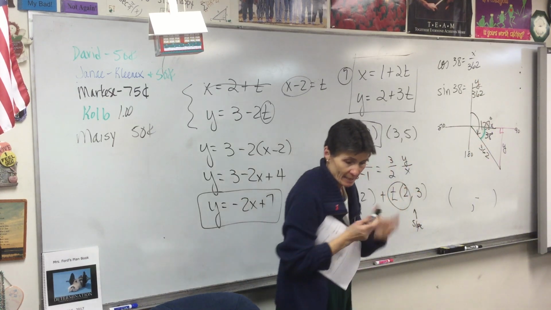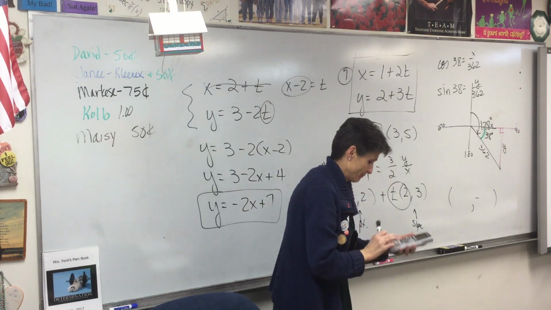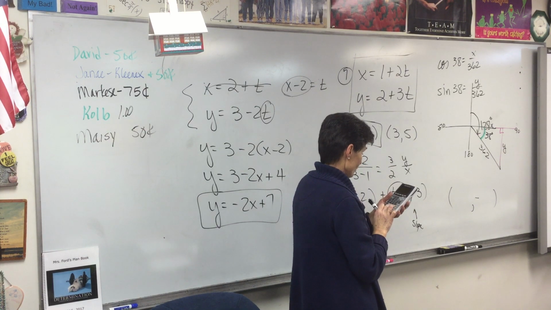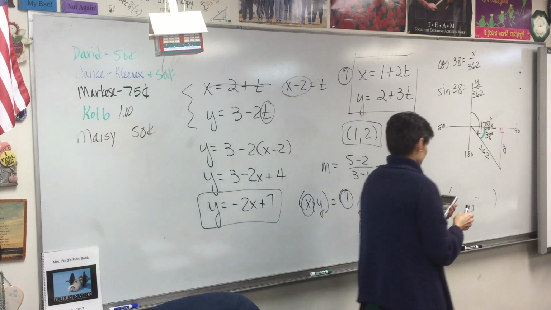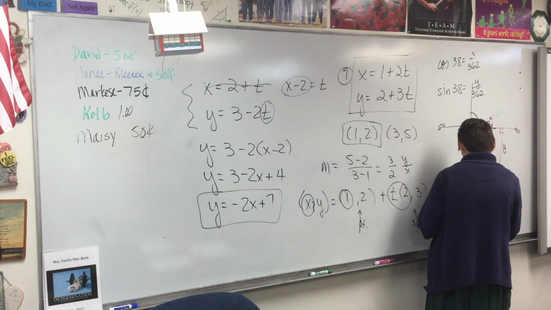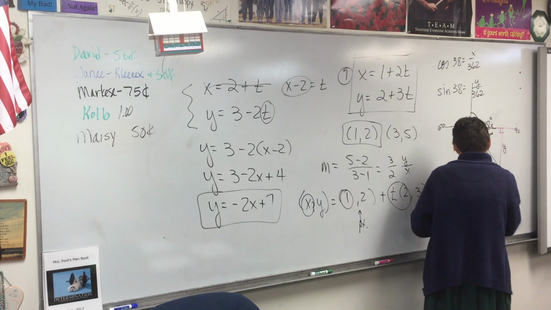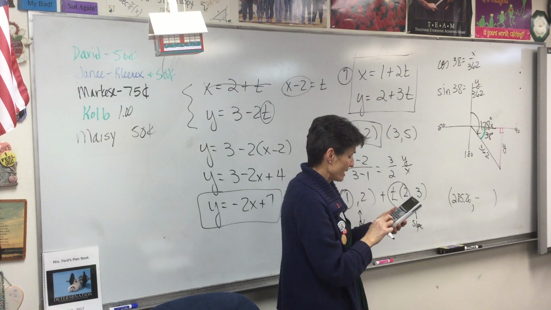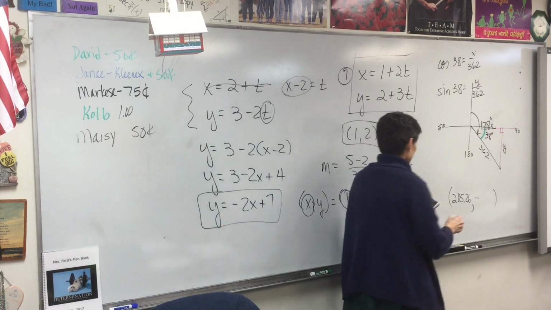So then I'll get out my handy dandy calculator. 362 cosine 38 is 285.26. And 362 sine 38 is 222.87.